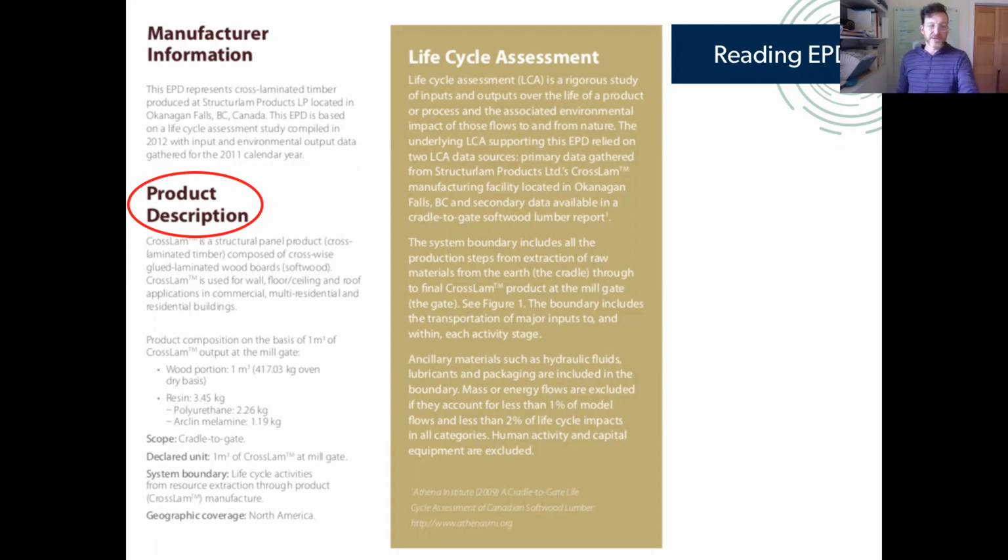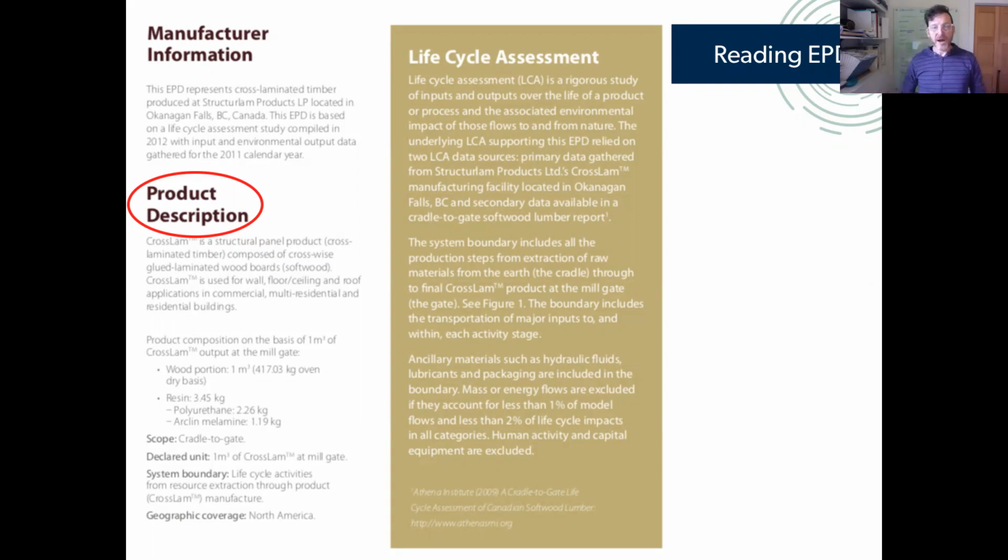If we're looking at one here for cross-laminated timber, and we're thinking, I want to compare a CLT building with a concrete building, just the number that I see on the EPD is not going to give me that answer, because it's giving me an answer for a certain amount of each material, but the amounts aren't necessarily comparable.